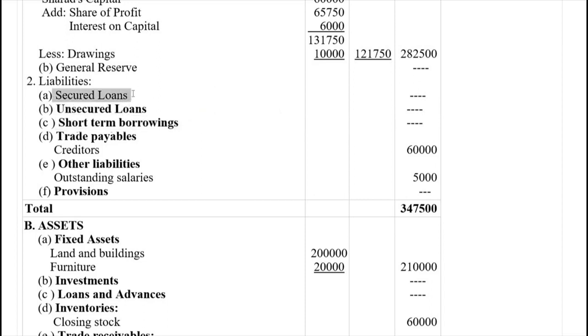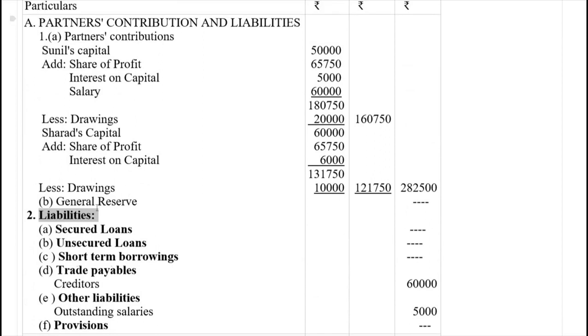So if the values are not given, then also we need to write these heads. Even though the values are not available, we should record things here. Say for example, general reserve is not given, but still we need to write.